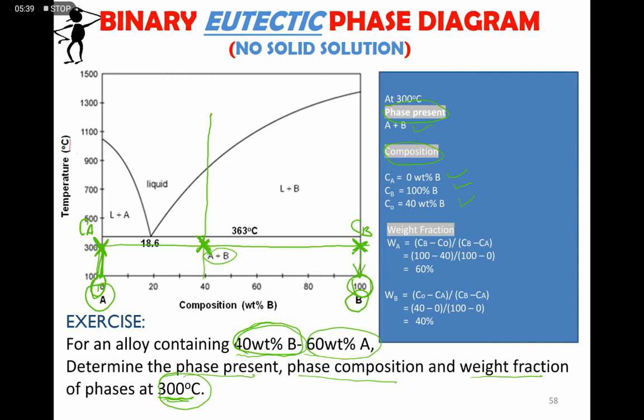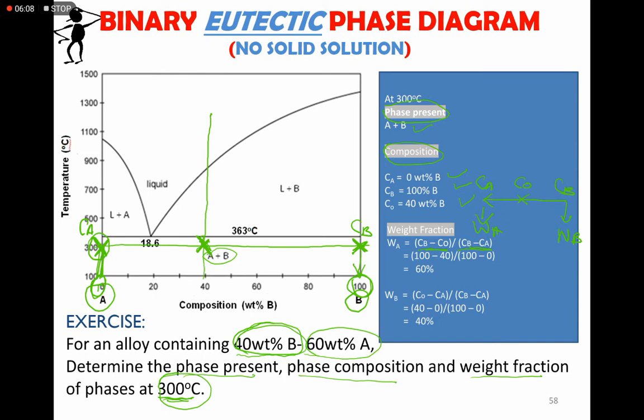Now, for weight fraction, you must use the lever rule. This is your lever rule: C naught, your left side Ca, and the right side Cb. So you can get Wa and also Wb. Formula for Wa, the weight fraction of A: Cb minus C naught over Cb minus Ca.